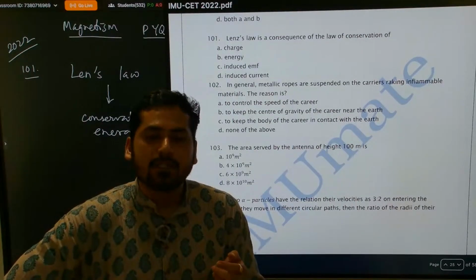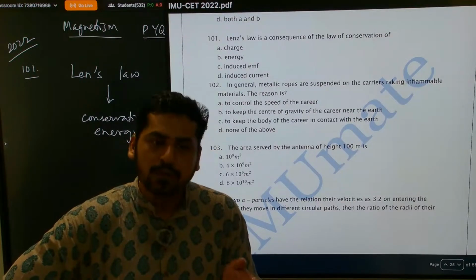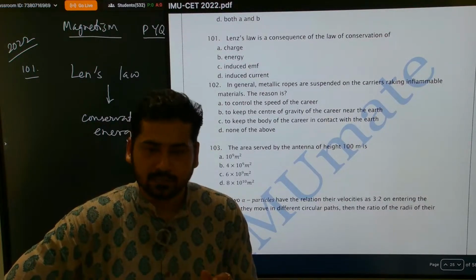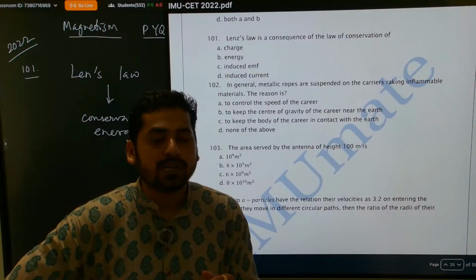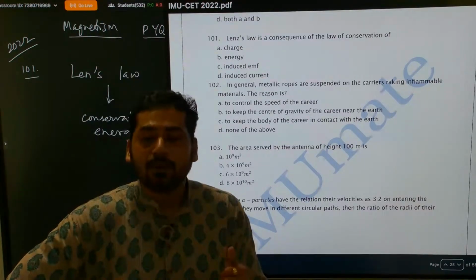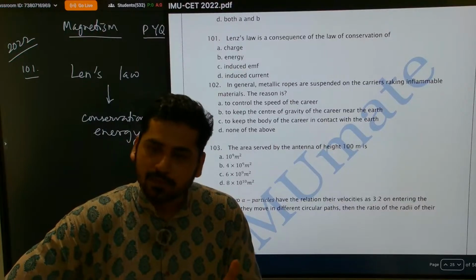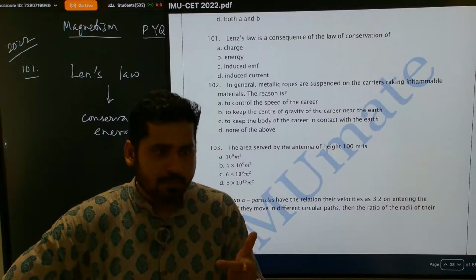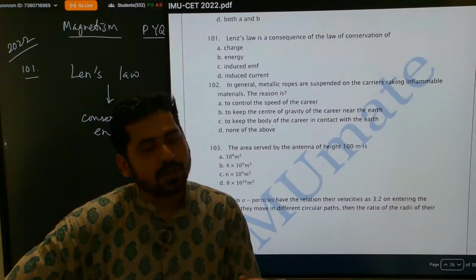Energy is the capacity to do work. If something can do work, it has a certain amount of energy. And what is charge? Charge is the fundamental property of a body. What is a fundamental or intrinsic property? Mass is one of the intrinsic properties. Magnetic property is an intrinsic property, and charge is also intrinsic.